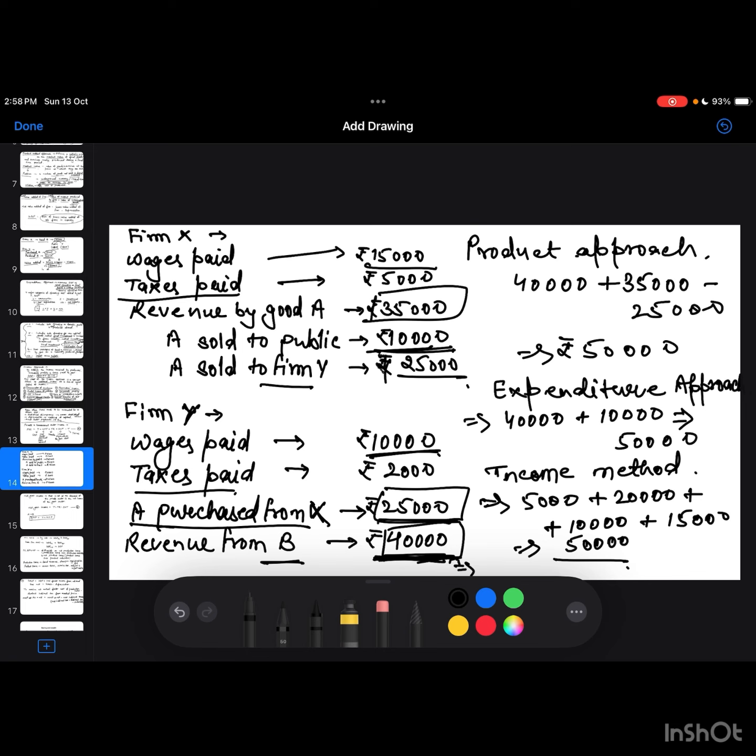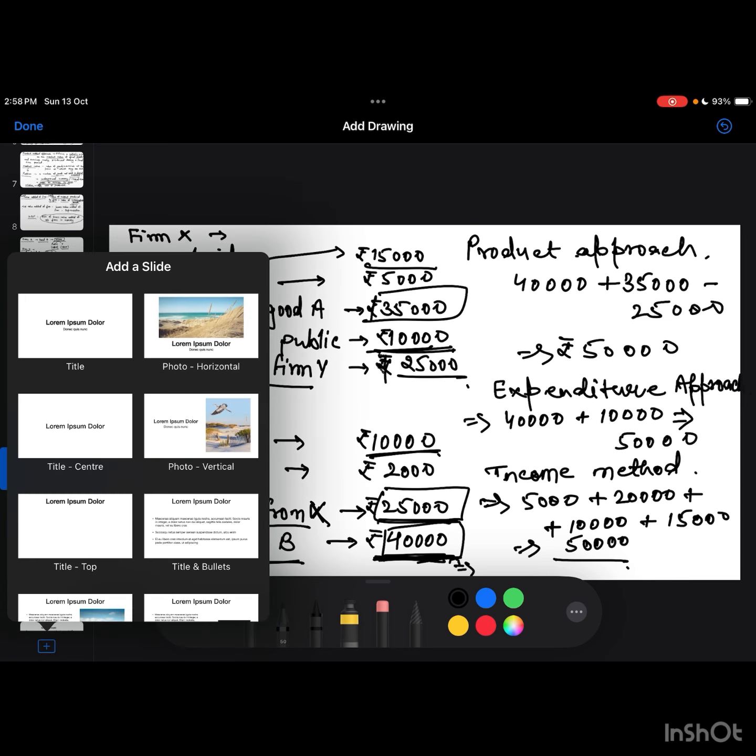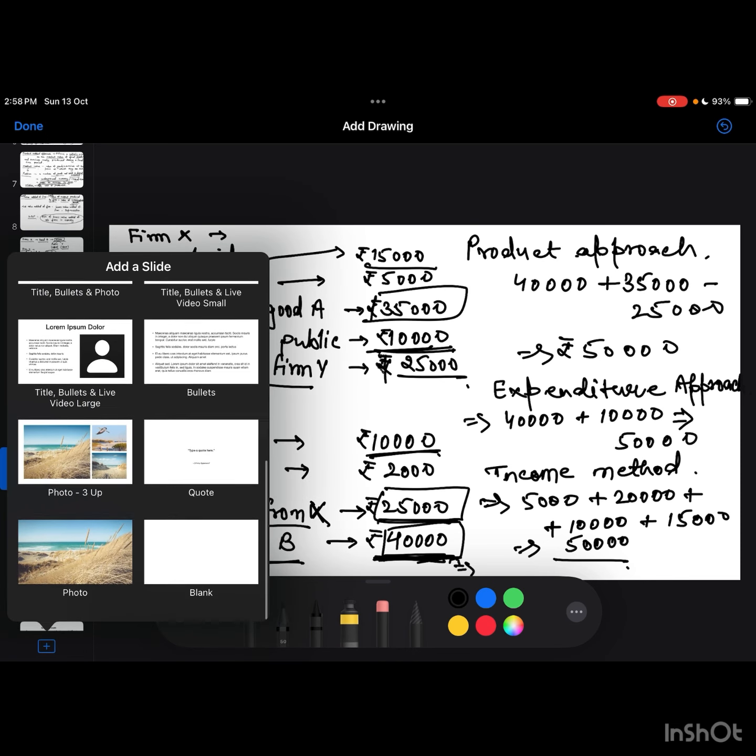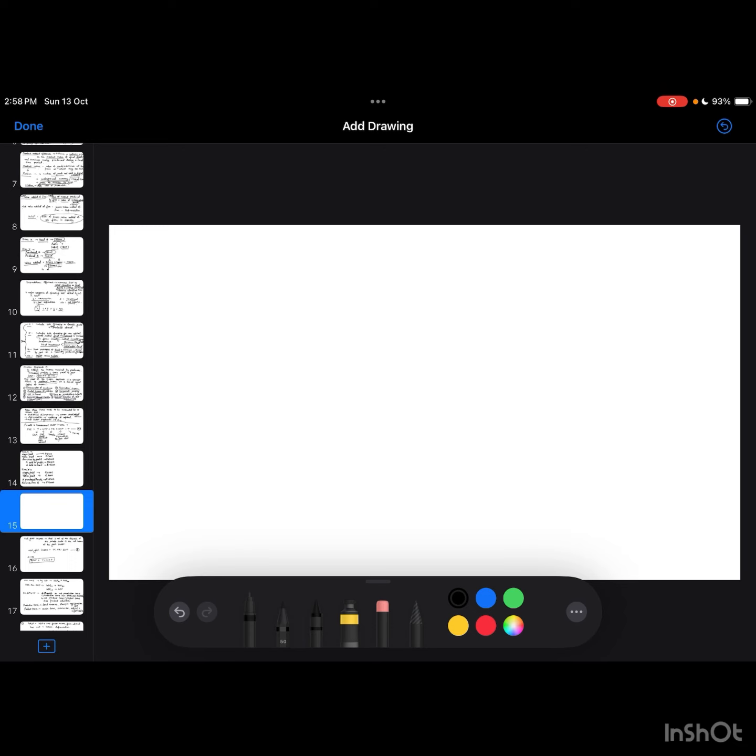Now the question is, why all the three approaches are equivalent?